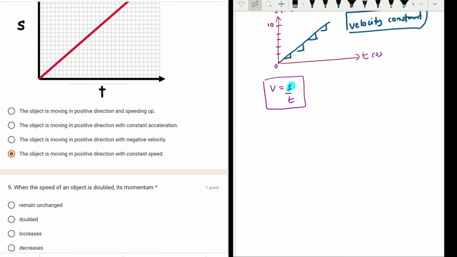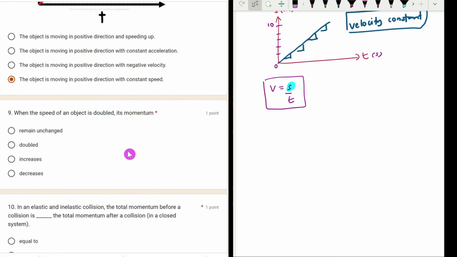Next, when the speed of an object is double, its momentum is P is equal to mv. Okay. So, bila soalan tanya double, triple, twice, half, kita kena jawab tu, kita tak boleh kata dia decreasing or increasing sahaja. So, bila dia kata second case, dia punya speed double.